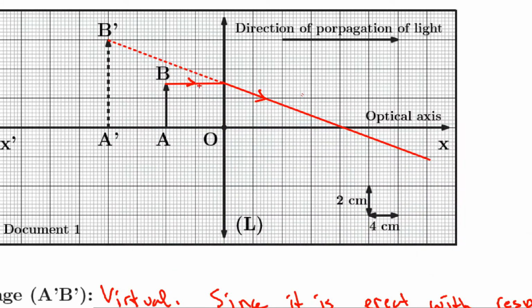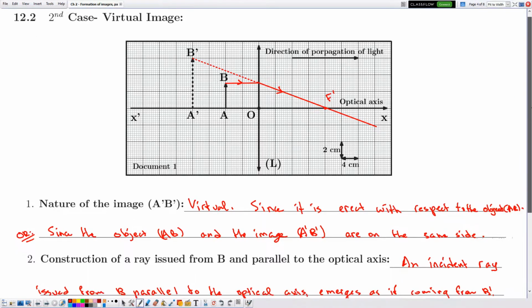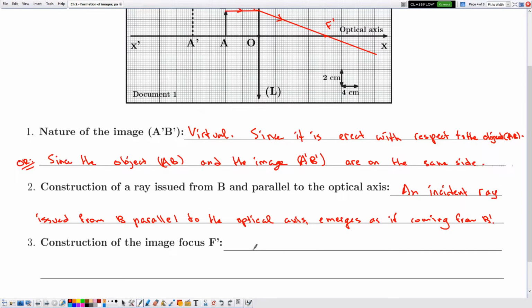Now finally, in number 3, they are telling me construction of the image focus F prime. So since this incident ray is parallel to the optical axis, then its emergent ray will be related to the image focus, and we know that the image focus belongs to the optical axis. Then the point of intersection between this emergent ray and the optical axis will be the image focus F prime. So this is the tracing. Now let's do the justification.